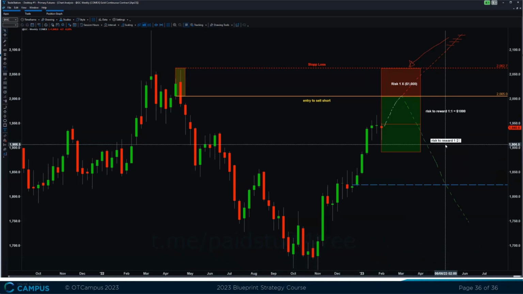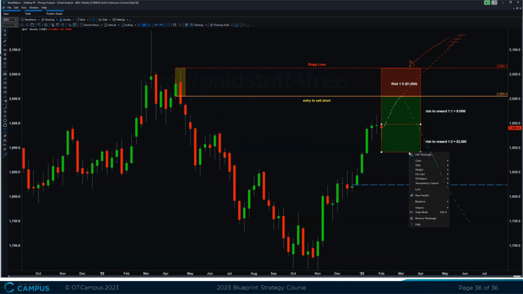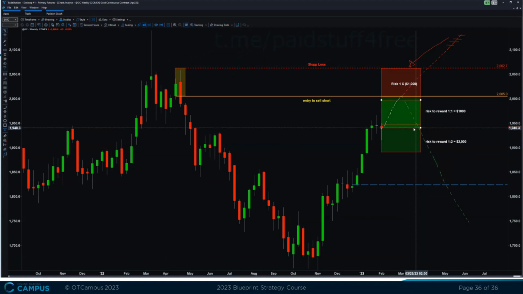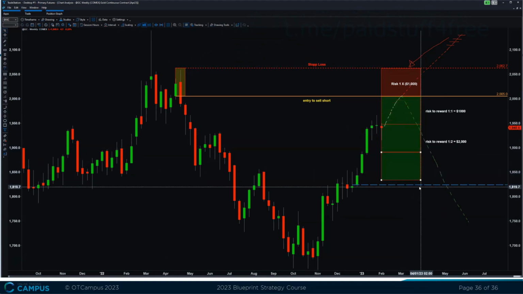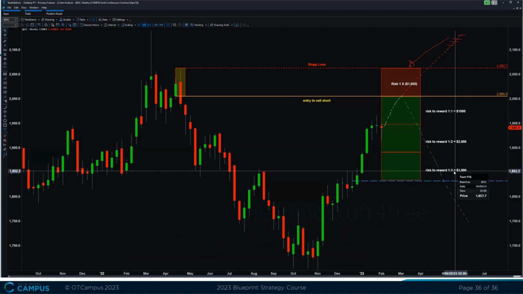You're making a risk to reward of 1-to-2, which in monetary terms, by risking $1,000, you're now making $2,000. And if price reaches our predefined target, then you're making a risk to reward of 1-to-3, which in US dollar monetary amount would be $3,000, right?